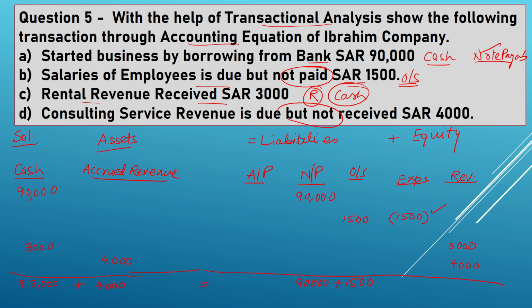Okay, then minus expenses is minus 1,500, and then plus 7,000. So if you make the total of the left and right side, total 97,000, and right side also it will be 97,000. So in this way this happens, and you have found the final accounting equation.